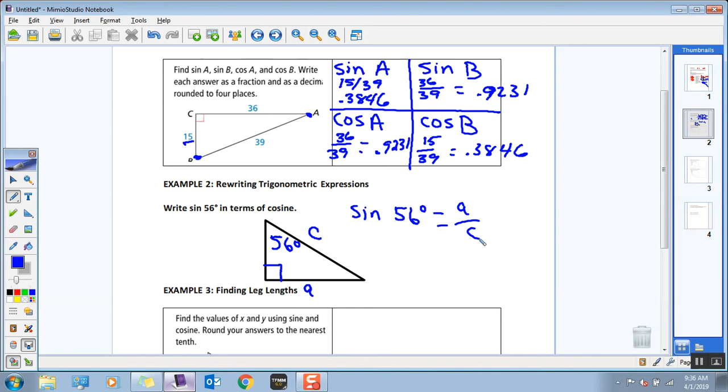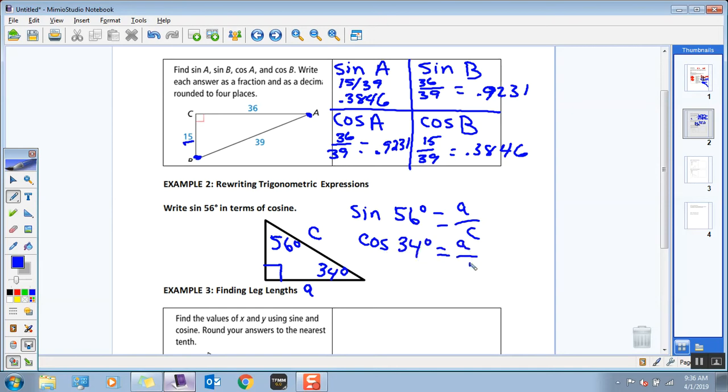If I was using just these two values right here, A and C, where would the adjacent angle lie? Wouldn't it lie right down here? Right? Now I'm going to make this very simple for you in a second, but could you find this angle down here? It's 34 degrees, right? Wouldn't the cosine of 34 degrees also equal A over C? So the sine of 56 is going to be the same as the cosine of 34 degrees.